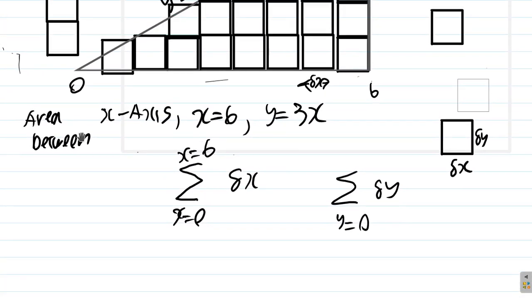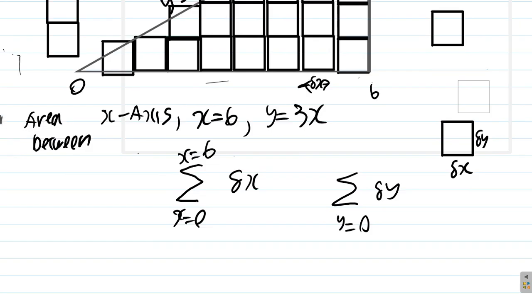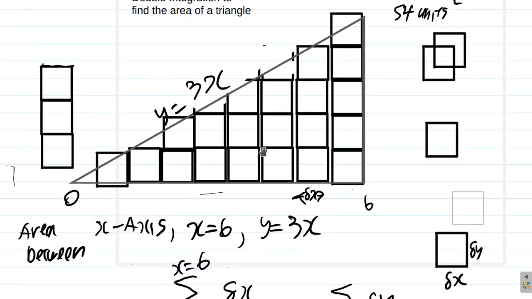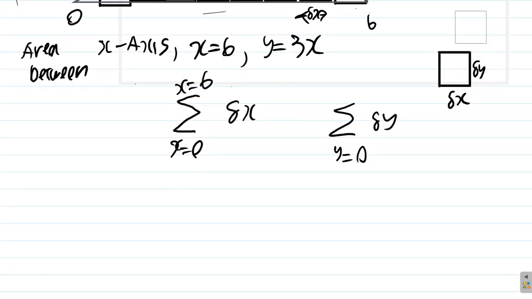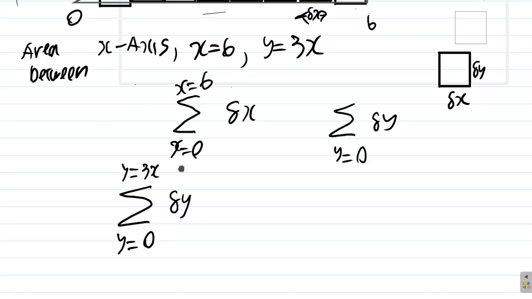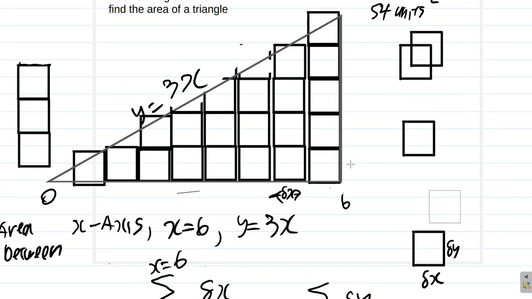So what we're doing, if we consider stacking the small squares up from the floor up to the top, we're looking at the sum from y equals 0 up to y equals 3x of delta y, because what we're adding up when we stack from the floor up to the top is the height delta y.